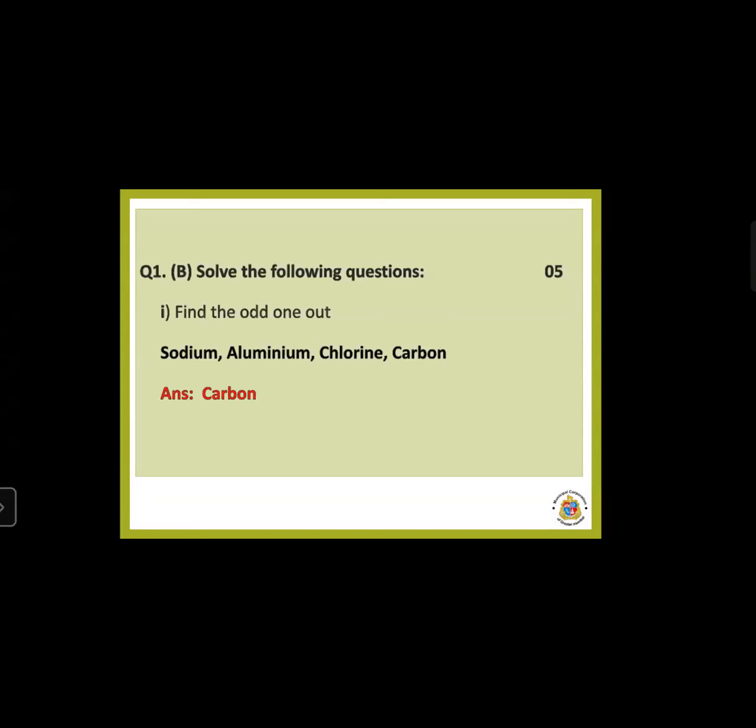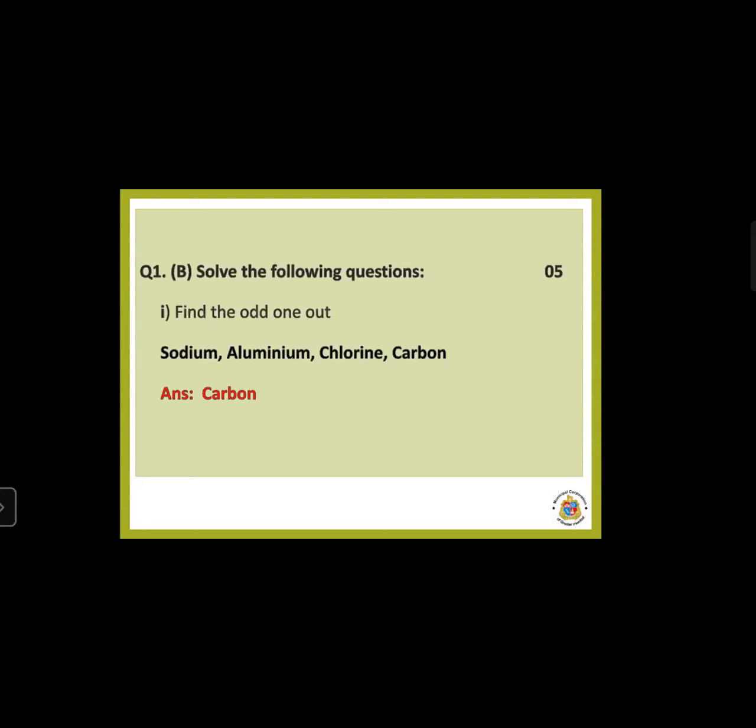Means it is in the second period. So sodium, aluminum, chlorine are elements of the third period, but carbon is the element which is present in the second period. So carbon is the odd one.